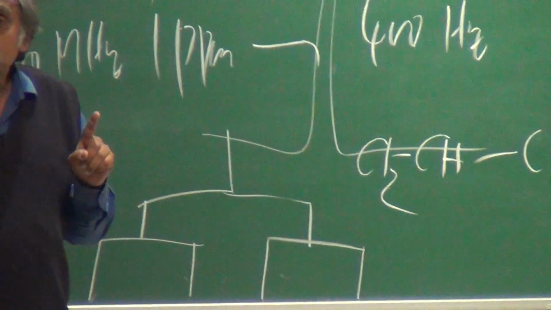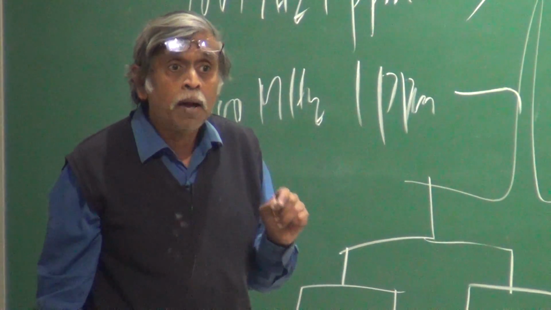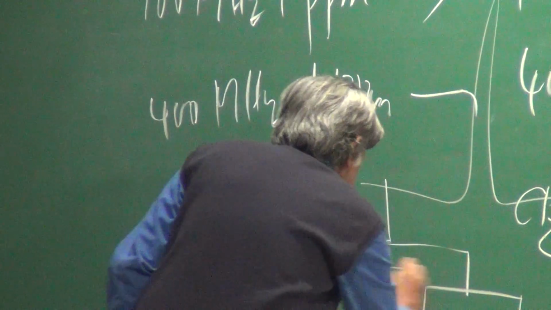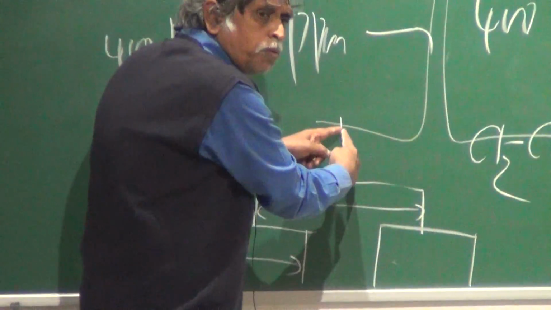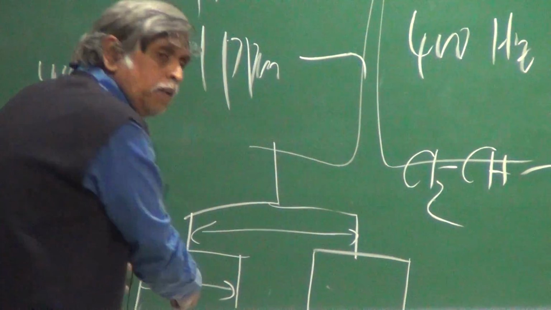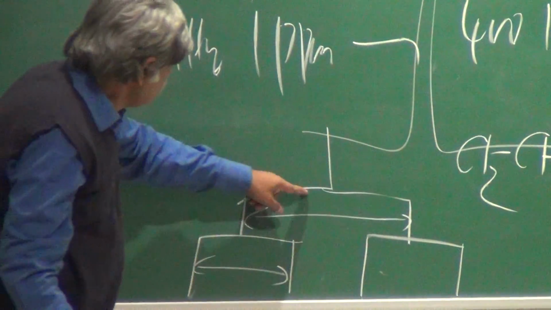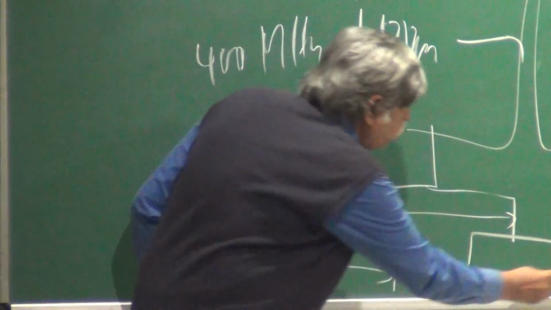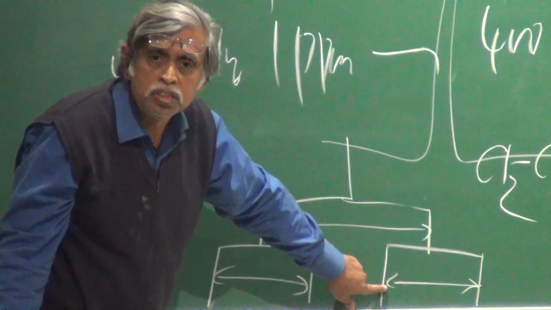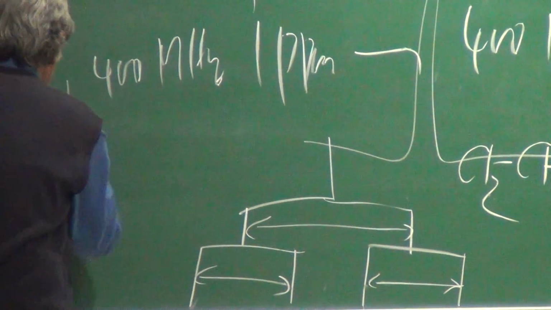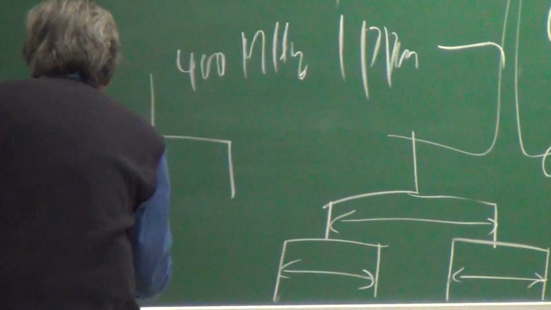If the 2 protons are equivalent, what will happen? This is equal to this. This is split by the first proton, and then the second proton comes and splits it. If this is equal to this, what will happen? These two will actually merge, right? So you will get something like this.